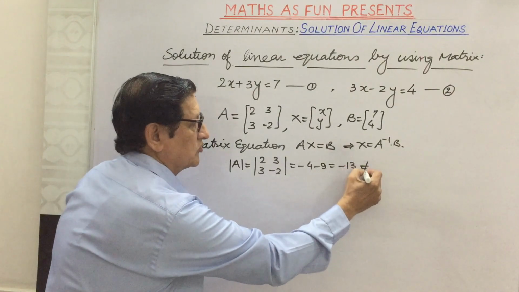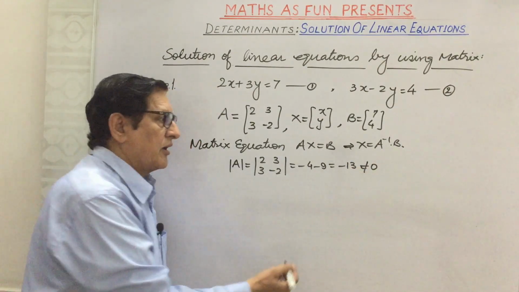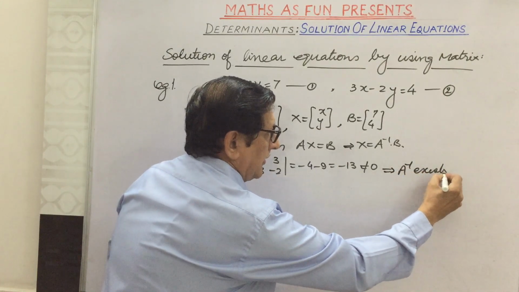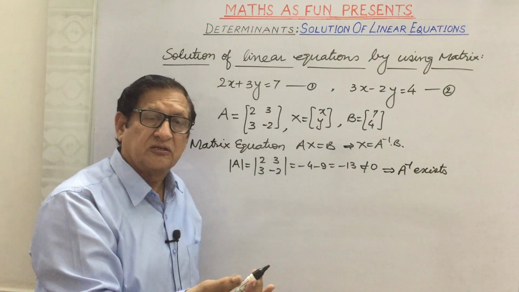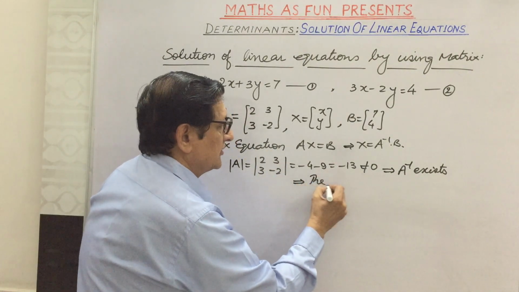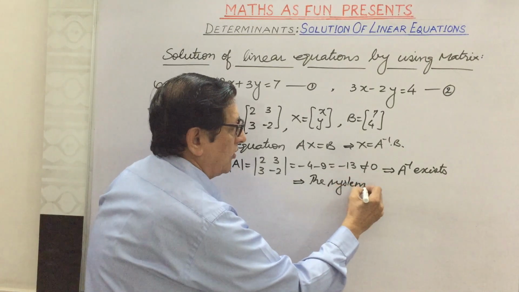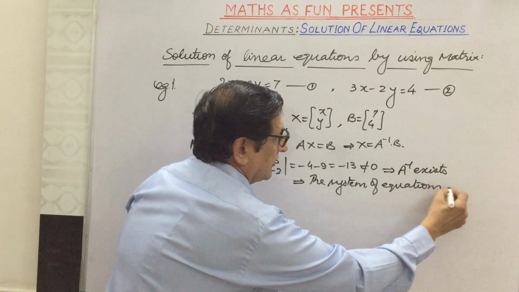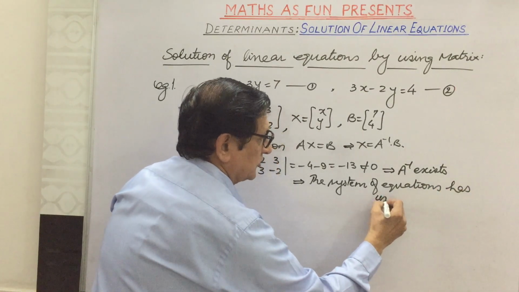It is not equal to 0. It means A inverse exists. And if A inverse exists, it means the system has a unique solution. This implies that the system of equations has a unique solution.